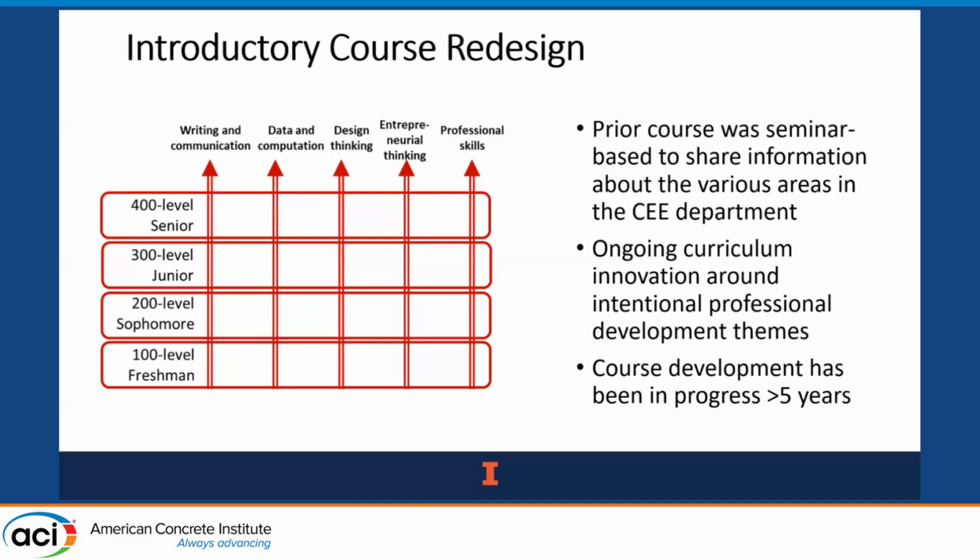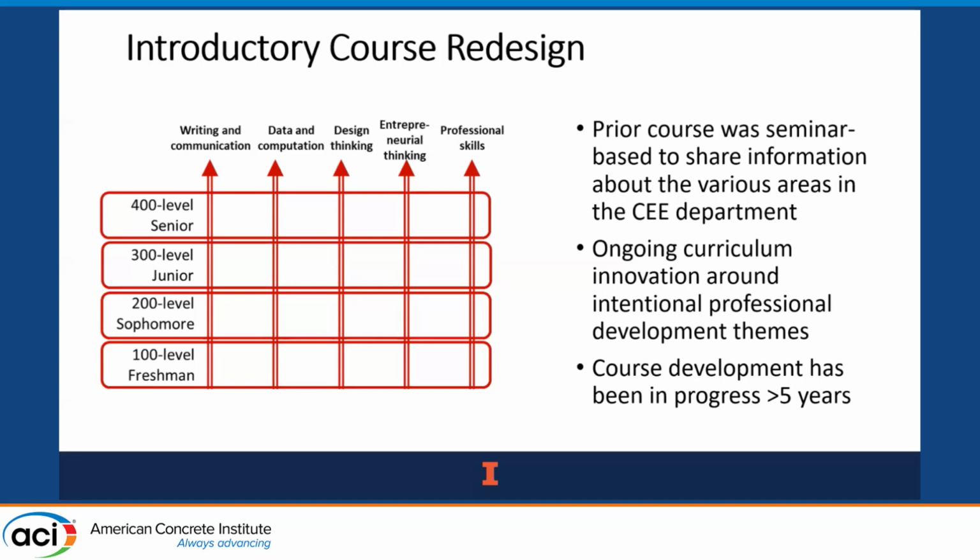So you can see up here, these were our longitudinal threads, starting with writing and communication, data and computation, design thinking, entrepreneurial mindsets, and then just developing professional skills and competency in the profession as a whole. And we want to be able to touch on all of these topics at each level of the curriculum.